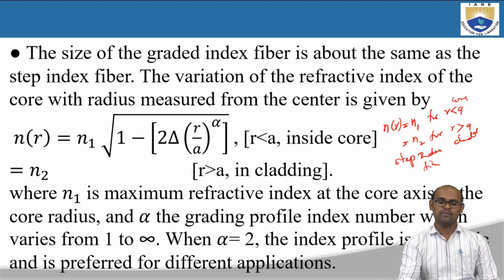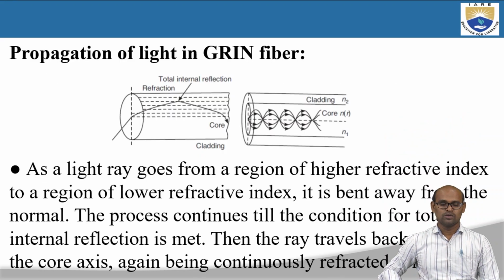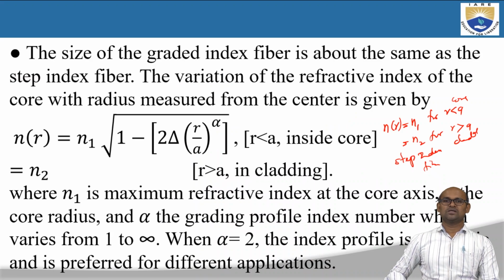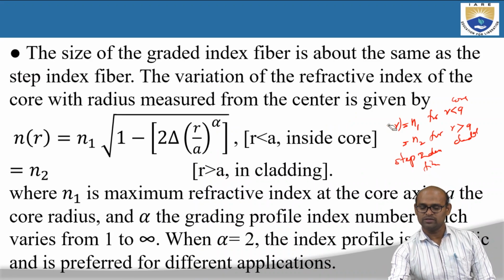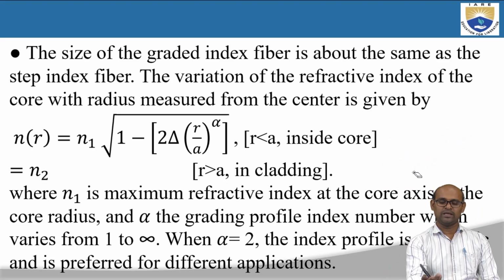So in the application, when they use this graded index optical fiber, they are going to use this alpha as 2, which will give us an inverted parabola like profile in the core. Okay, so this is about the structure of this graded index optical fiber, right? So we have written the refractive index profile mathematically, which is this in the core, and it's constant in the cladding.